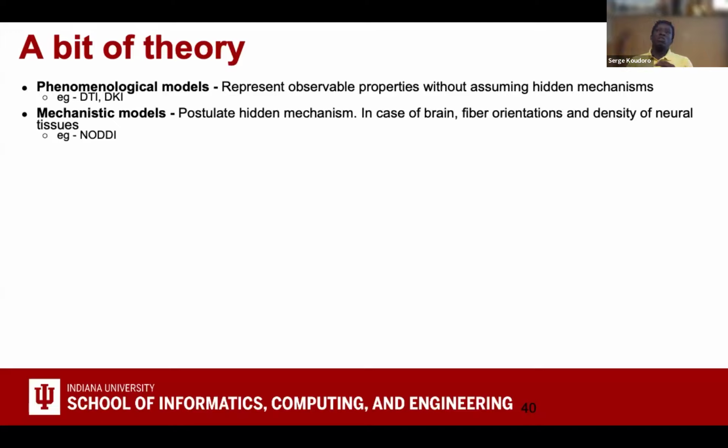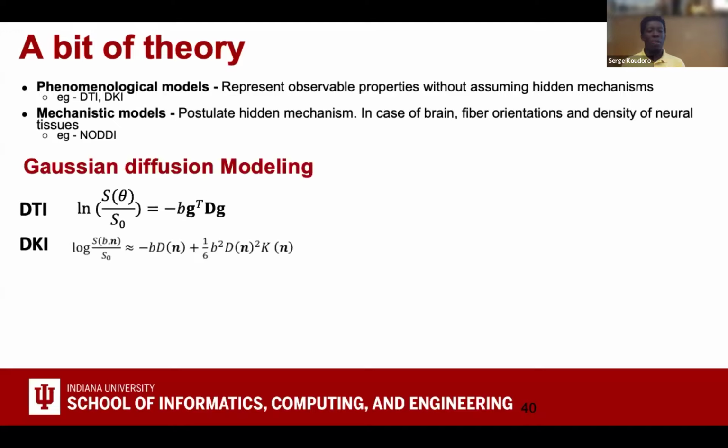And based on this assumption, we try to fit the model. Here I will not talk about the mechanistic models. Now they start to be trendy, but I will stay focused on the phenomenological model, where we don't assume any mechanism.